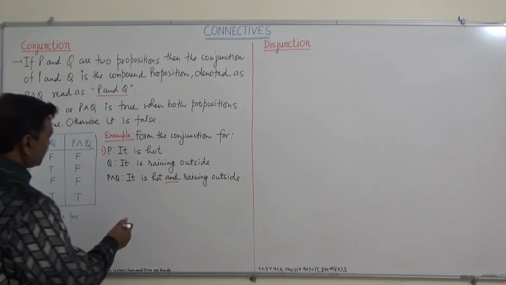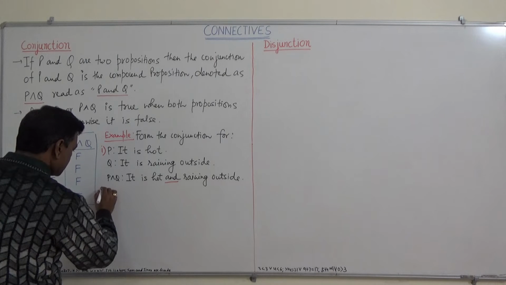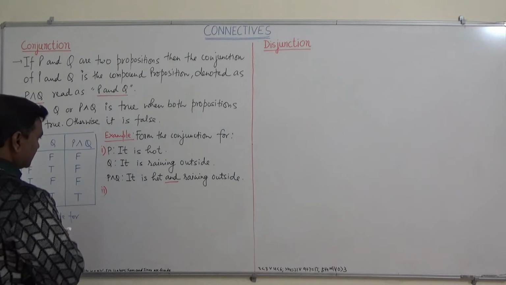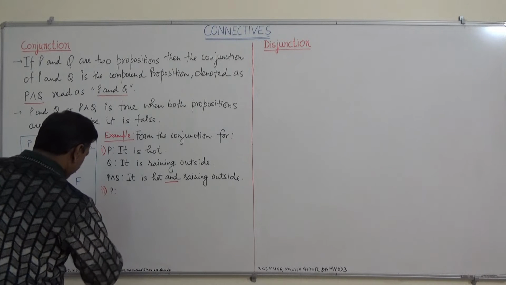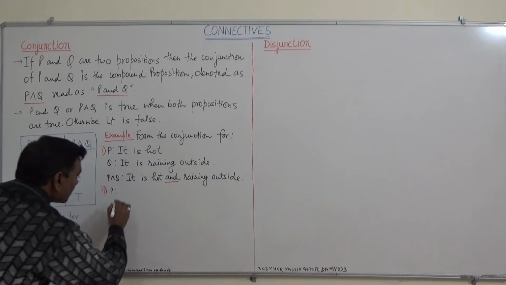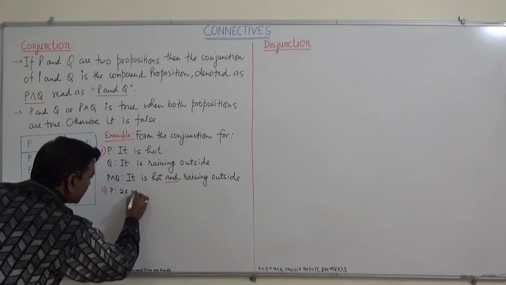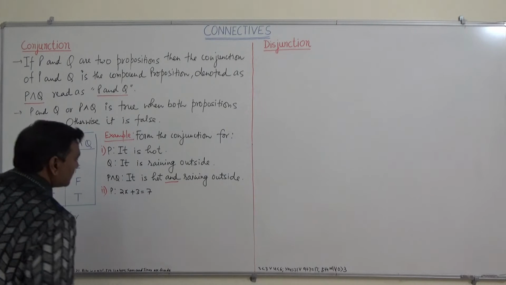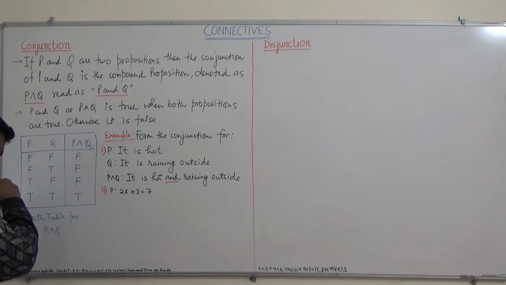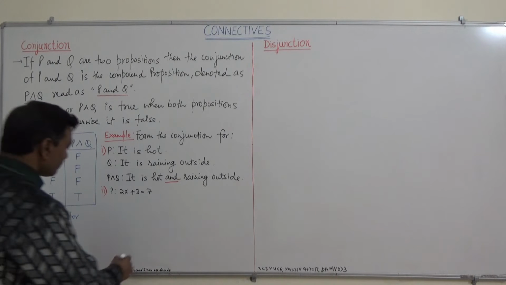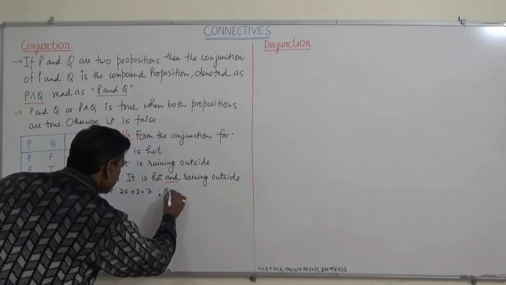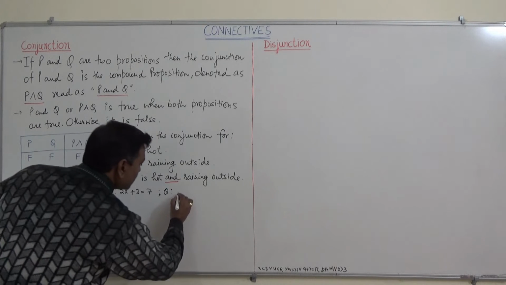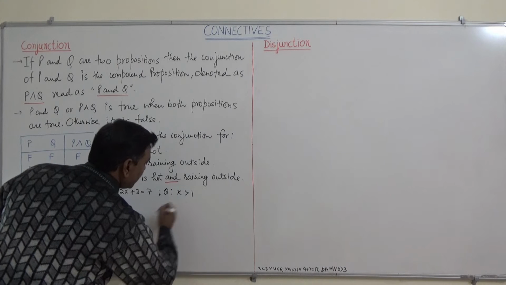Now the second example. Let us say P is 2x plus 3 equals 7, and Q is x is greater than 1.